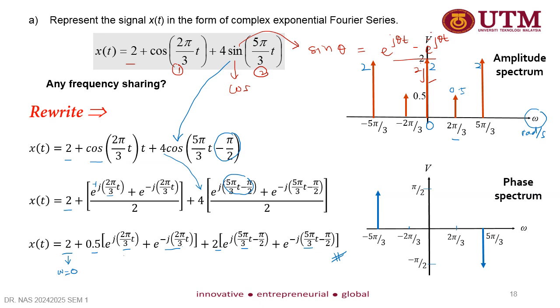And for the third frequency at 5 pi over 3, positive multiplied with negative, you get negative pi over 2 at positive frequency, and at negative frequency, negative 5 pi over 3, negative times negative is positive, so you get positive pi over 2. Okay, so this is both the amplitude and phase spectrum of the given function.